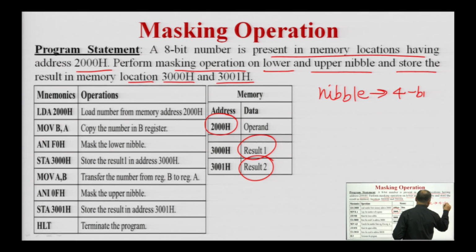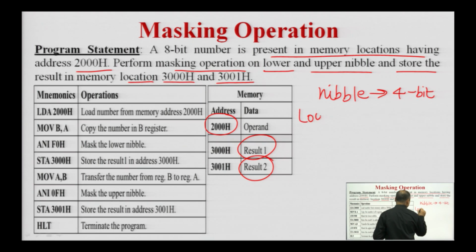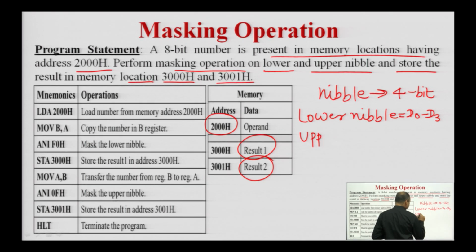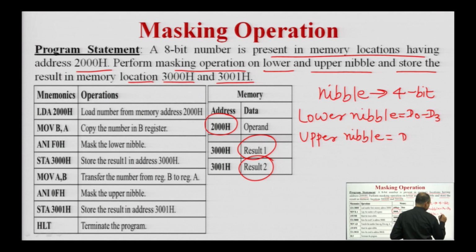So, 4 bits are called a nibble. The lower nibble, that is D0 to D3, is called the lower nibble, and the upper nibble is D4 to D7. So, this is the lower nibble and upper nibble.